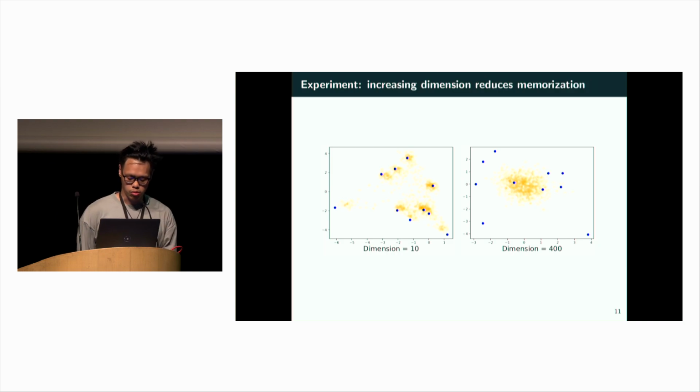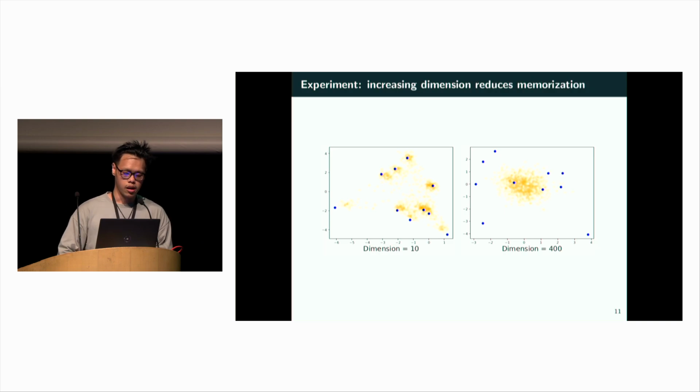Second, as I remarked before, the lower bound in our results scales with the minimum distance between data points. One way to increase this distance is to increase the dimension. And this is what we found: increasing the dimension also reduces memorization.